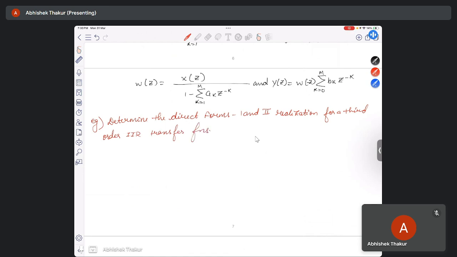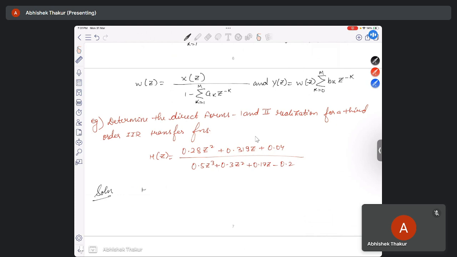The transfer function is given as H(z) equal to 0.28 z square plus 0.319 z plus 0.04 divided by 0.5 z cube plus 0.3 z square plus 0.17 z minus 0.2.